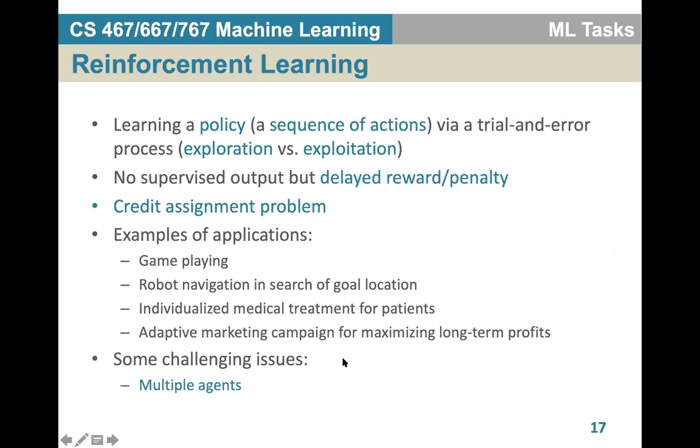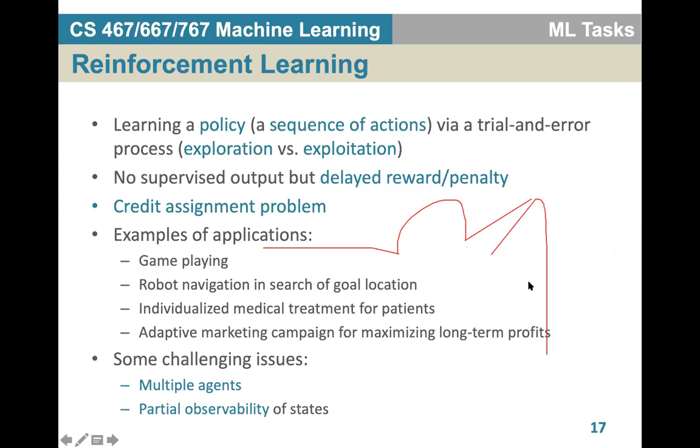Some challenging issues are that there could be multiple players, and they will impact each other, so how do we accommodate this case? Another is partial observation. You only see what happened before. You don't know whether this movement will really be good. For example, in Super Mario, this jump is good, but the next jump, maybe you fall into the ditch, and in that case it is not good.